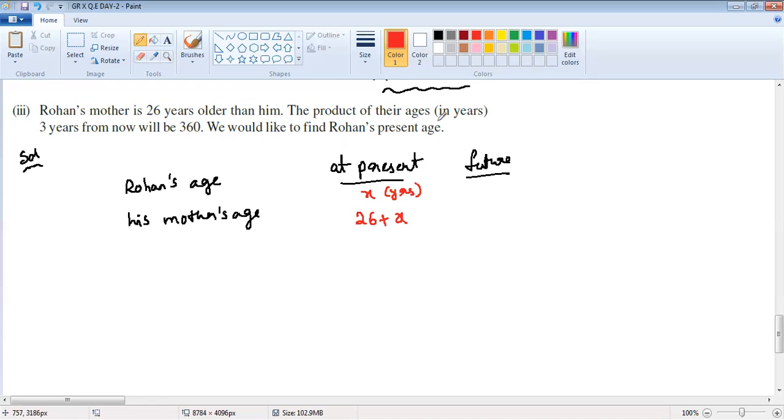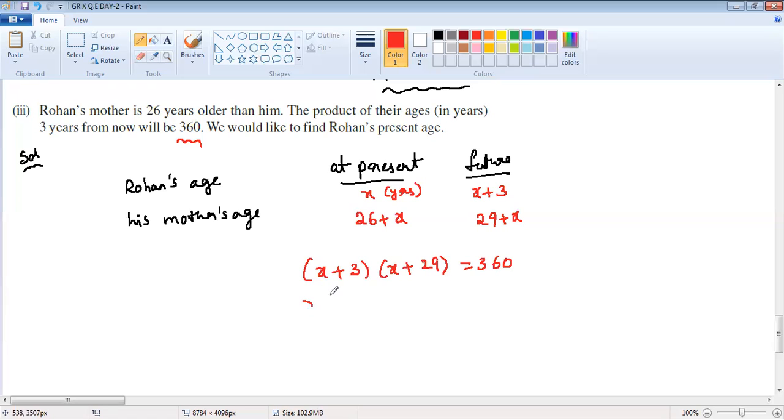The product of their ages 3 years from now: his age will be x plus 3 and her age will be 29 plus x. The product of them will be 360. So multiply x plus 3 into x plus 29, which is equal to 360.